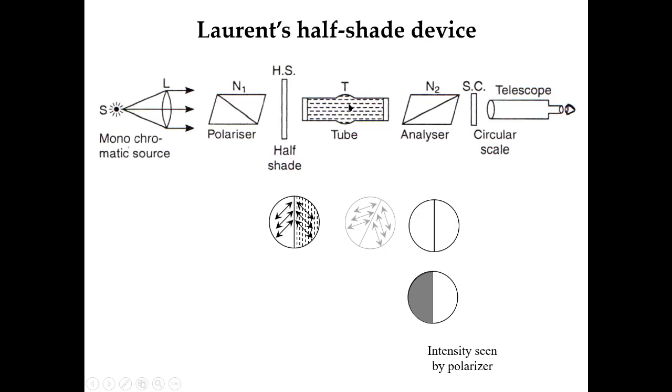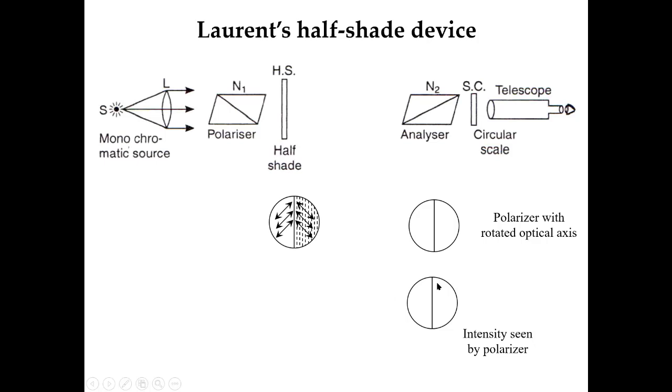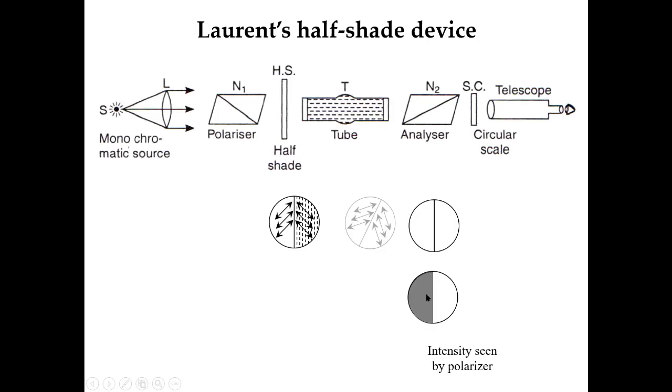So by introduction of this optically active material, the intensity which was the same for both the parts of the half-shade plate becomes now half dark and half light. So to achieve the previous position of the same intensity, again this analyzer will have to be rotated.